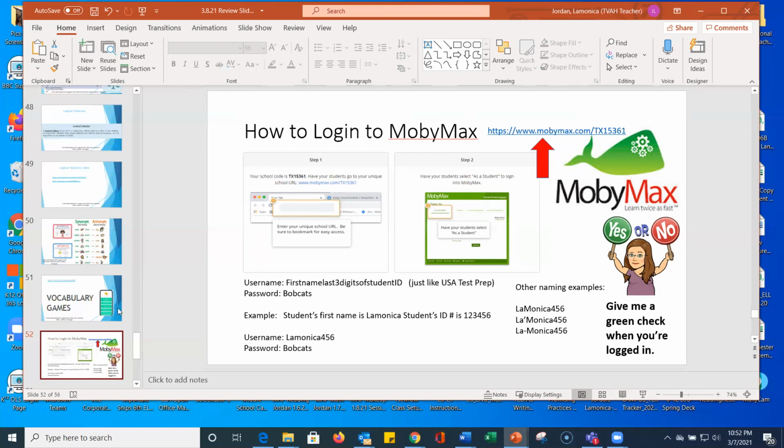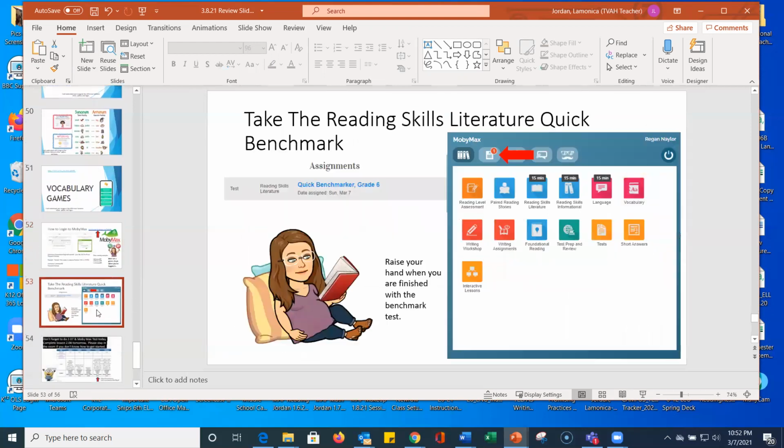Once you're logged in there, you may see a screen pop up that looks like this that says assignments, tests, reading skills, literature, quick benchmark, grade 6. Take it. If it doesn't and it logs you in here, if you look up here, there's a little piece of paper with a 1 next to it.